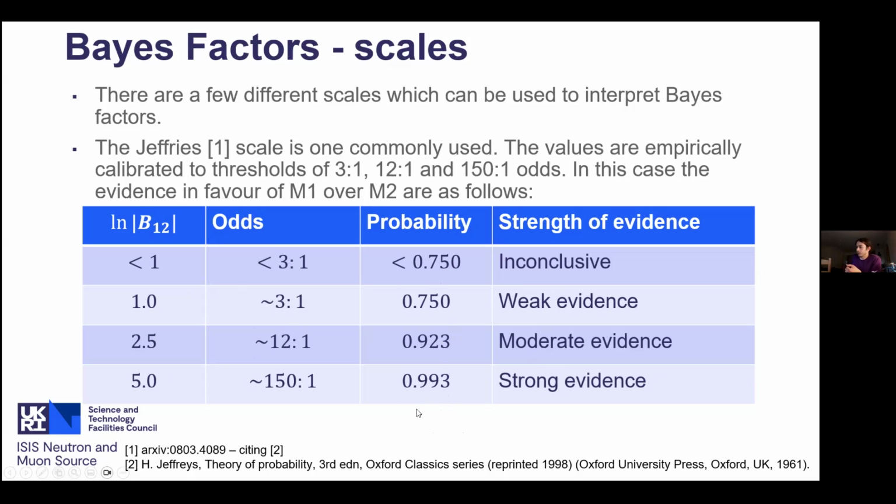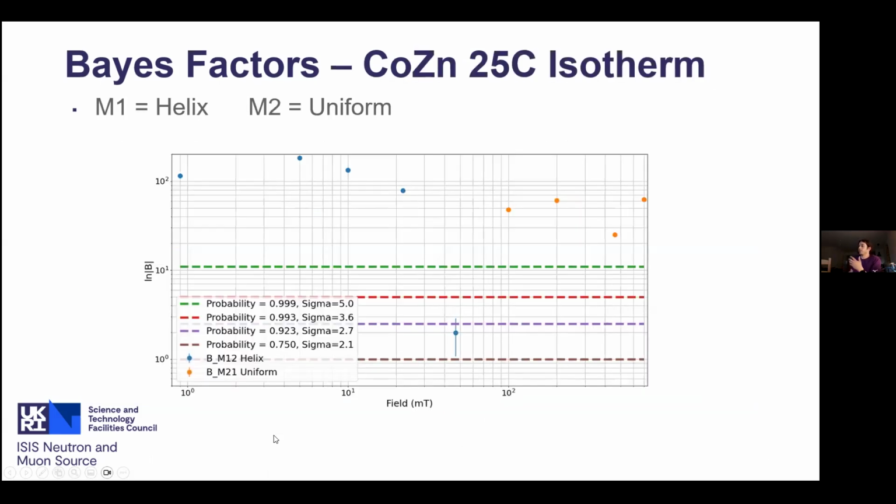You can convert this to some form of probability value as well. So similar figure to what I've shown before, but now I've got your log Bayes factor on this side, field on this side, and I've put in effectively probability isotherms, for want of a better way of putting it, of various sigma, so you can understand what this means.